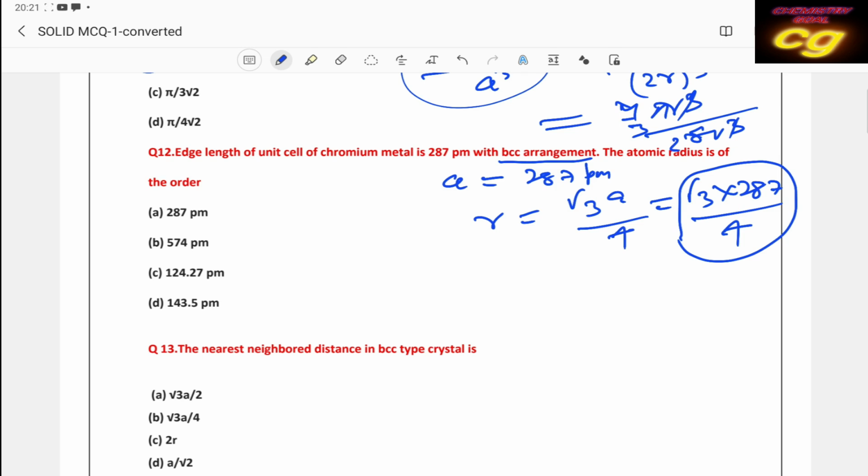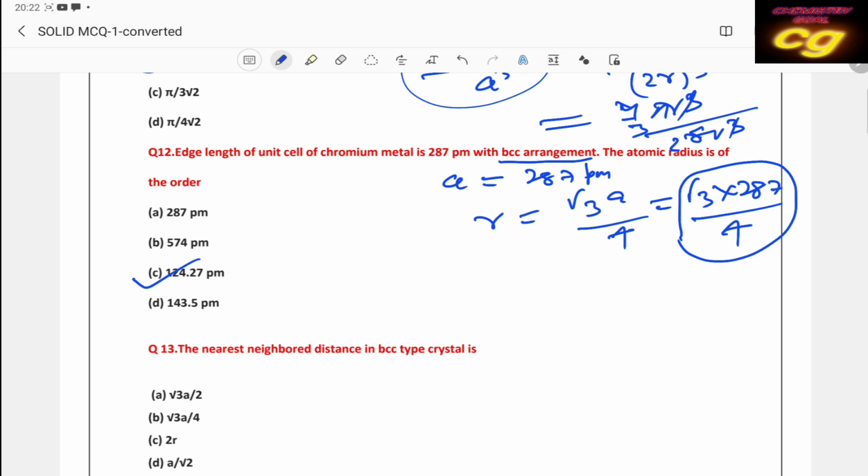What do you think the answer will be? Okay, so the answer will be 124.27. This is the correct answer. So the radius of the sphere in BCC arrangement, having edge length 287 picometer, is 124.27 picometer.